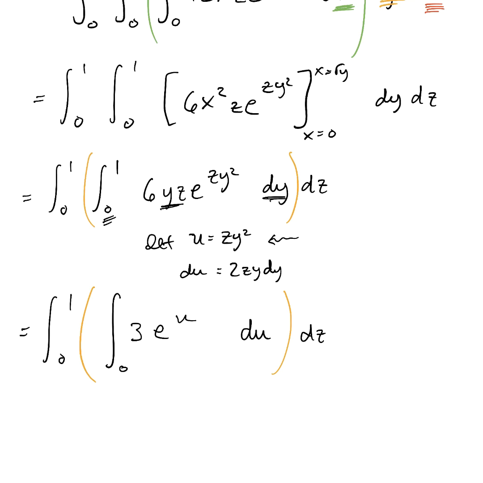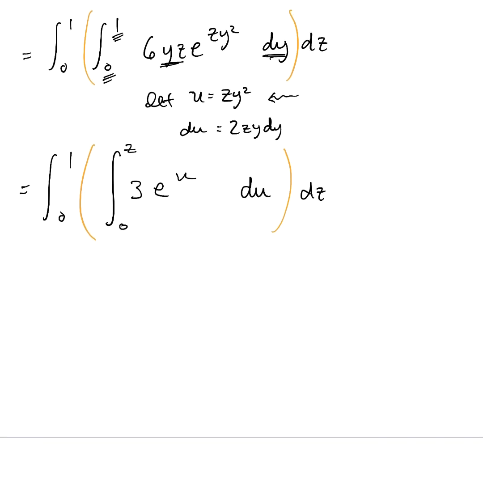And when y is 1, u is z. All right, well, we're cooking. Let's do that inside integral now, straightforward. It's just 3e to the u, from u equals 0 to u equals z.